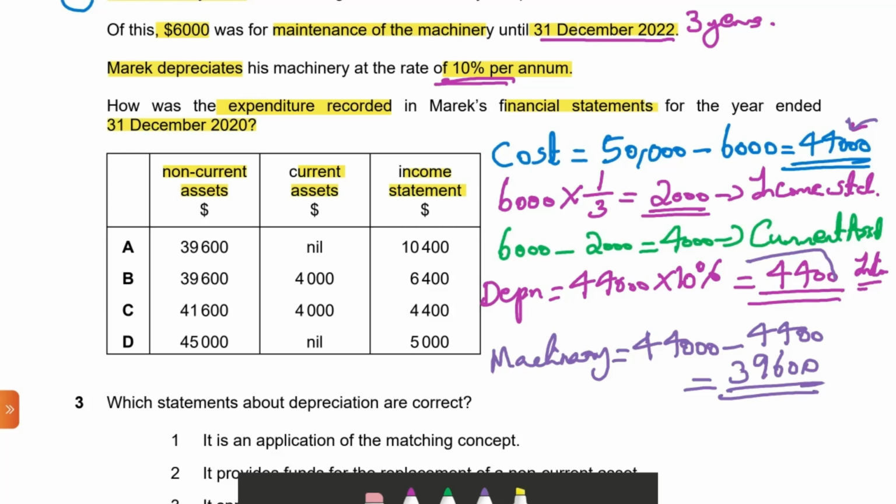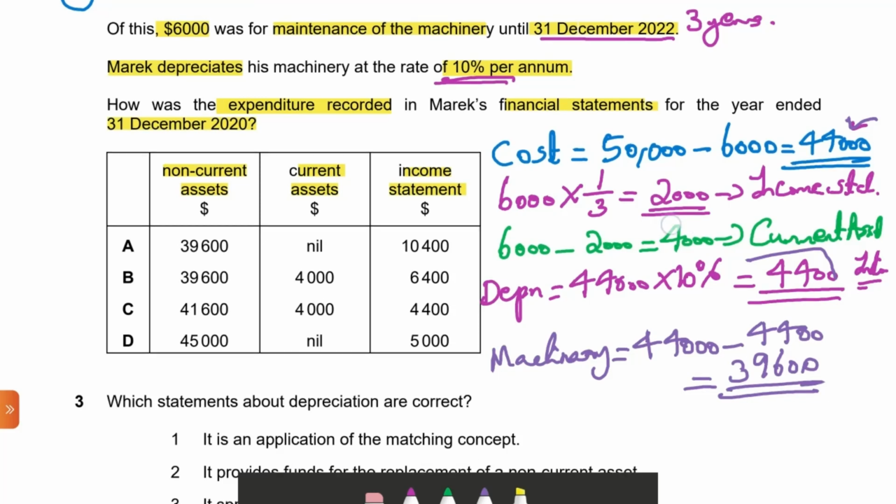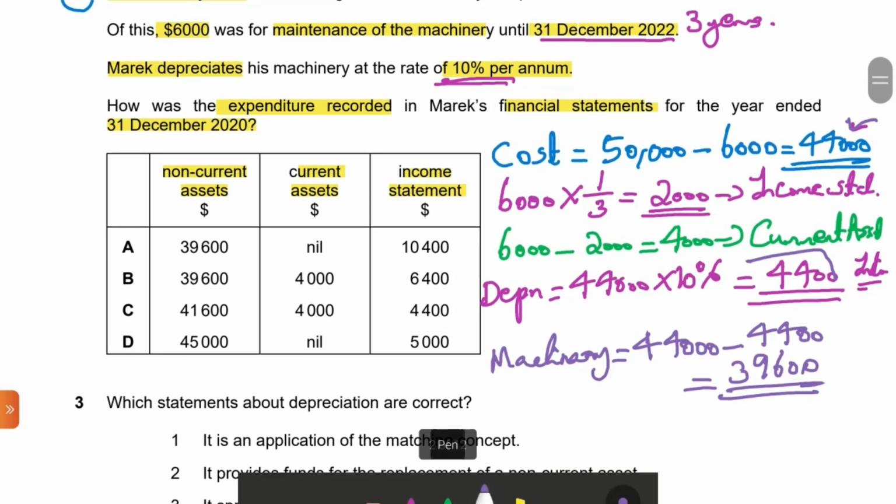So we have to check the option next, current asset. What is the value of current asset? The current asset value we already calculated, 4,000 here. So B, 39,600 is the non-current asset, current asset 4,000. Income statement.